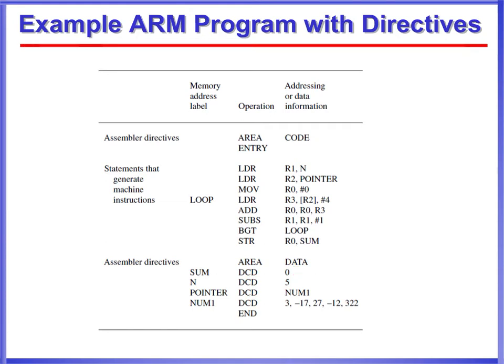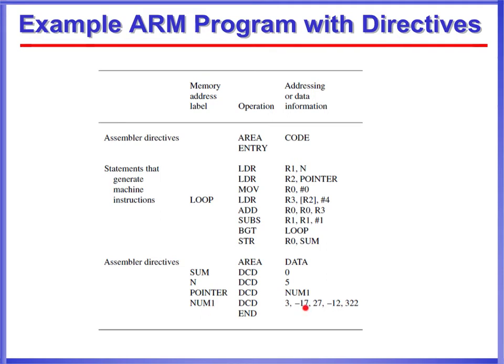Okay, and all of these are the same. Notice that, though, in the case of the last one here, remember num1 in this example program was the address of the first number in our list of numbers that we're going to add up. You'll notice here that we can have a number of numbers separated by commas. 3 will be stored at the memory address associated with num1.